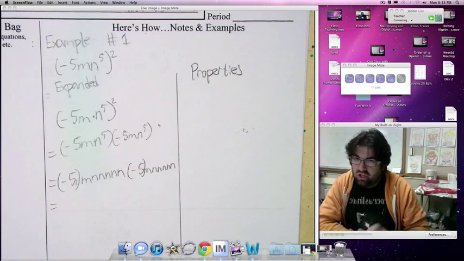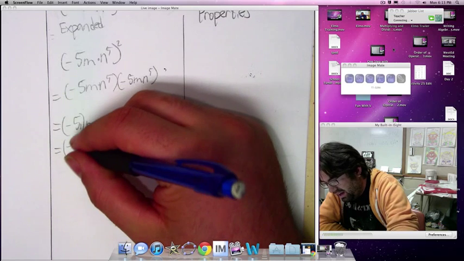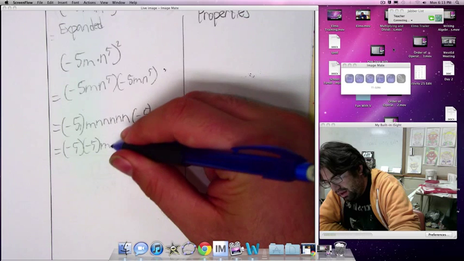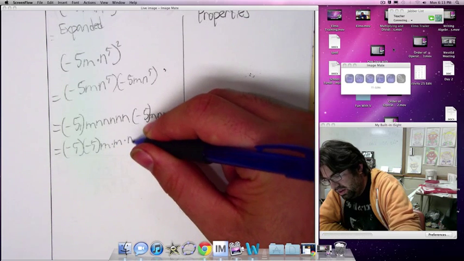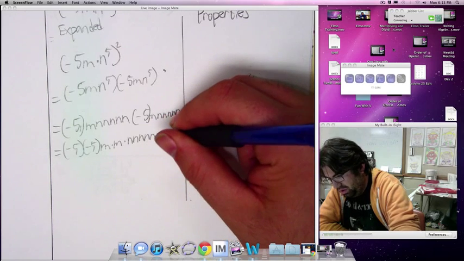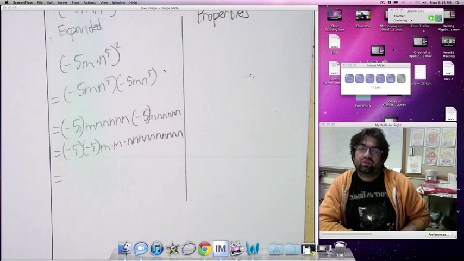I'm going to rearrange, get stuff next to each other. I'm going to have negative 5 times negative 5, m times m, 1, 2, 3, 4, 5, 1, 2, 3, 4, 5. And here we are. Let's just do it.